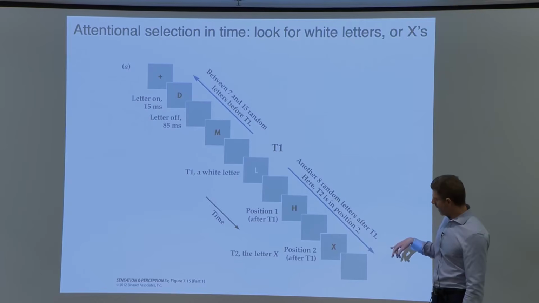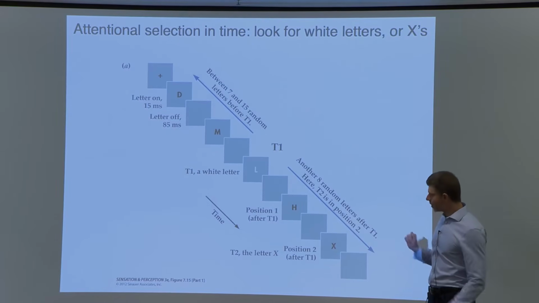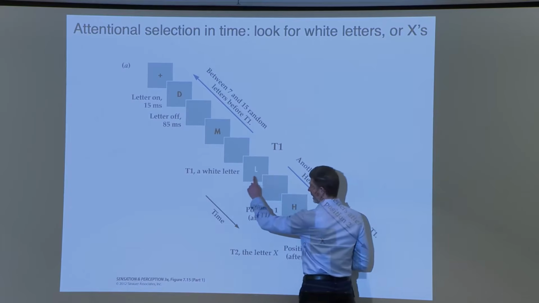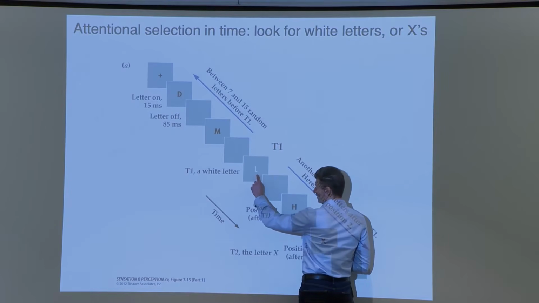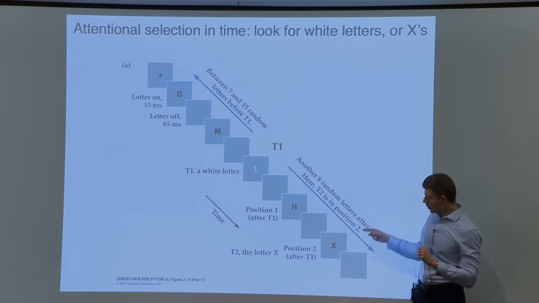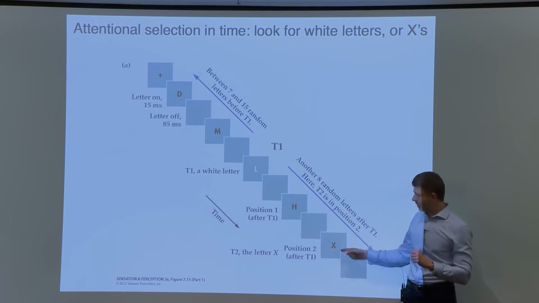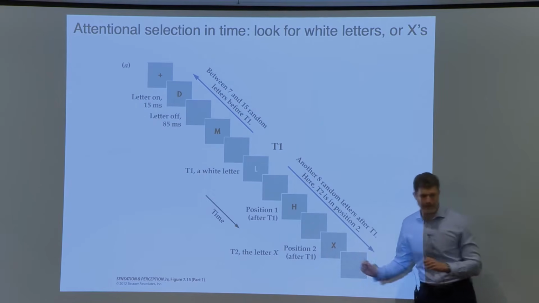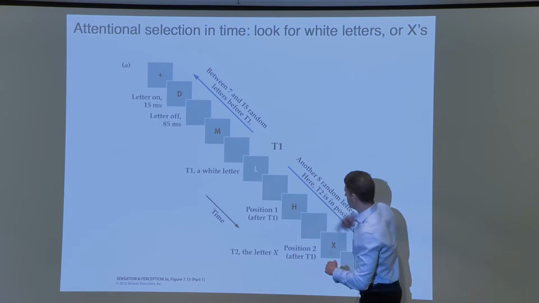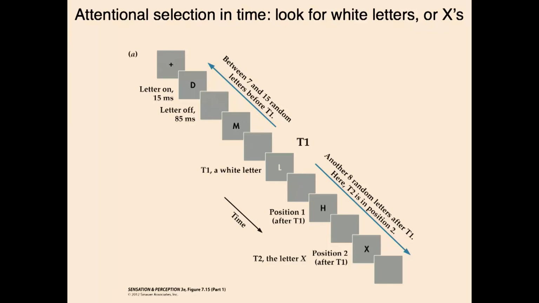The effect that I'm going to show you relates to the effect of your having detected the white letter, which is known as T1, on your ability to detect the secondary target, known as T2. And that turns out to be a function of how separated these things are in time.